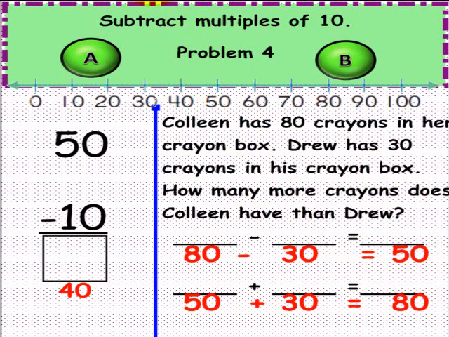Let's look at that. Here is 80, and we're going to subtract 30. 1, 2, 3. That's 30. So 80 minus 30 is 50. Now if we have 50, we add 30. Here's 50. We're going to add 10, 20, 30. It makes it equal to 80. So we can go back and forth to prove this one.